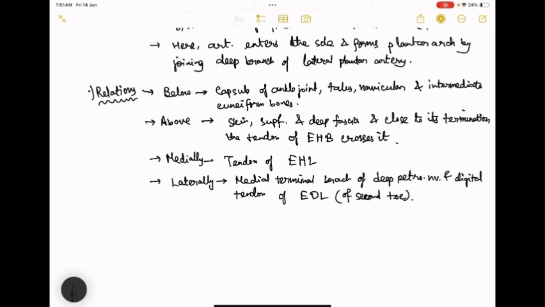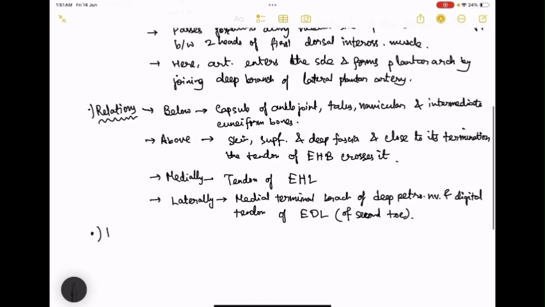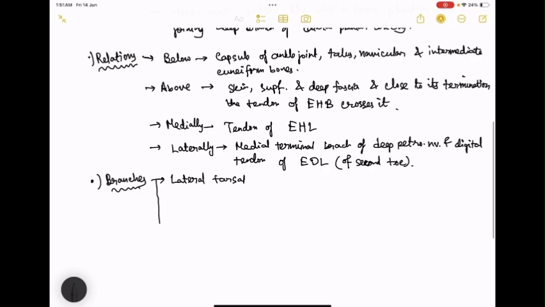Now coming to the branches. As I told you, for any arteries, their branches are important. So lateral tarsal, medial tarsal, arcuate, and first dorsal metatarsal artery.